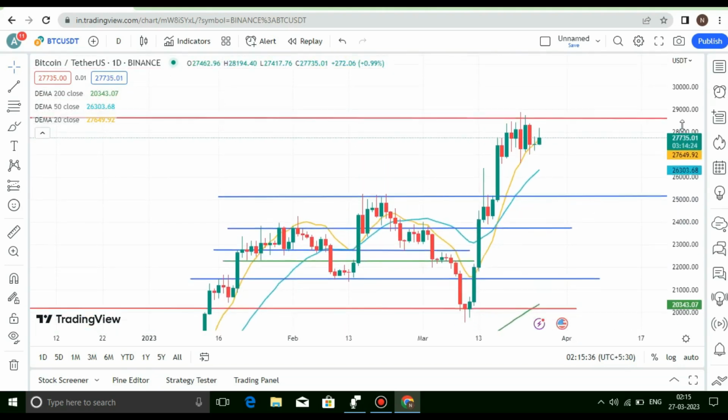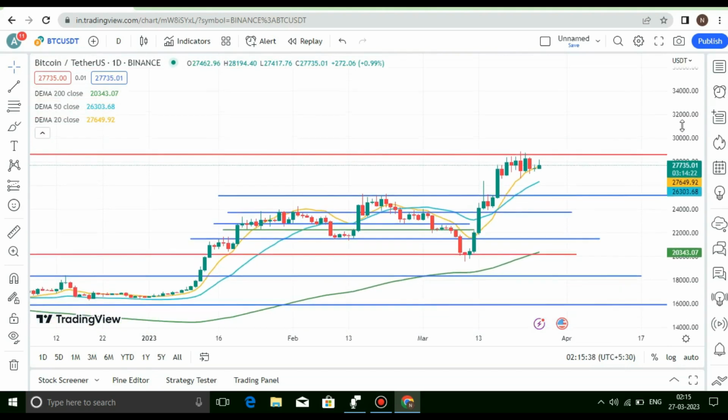So for predicting the price movements of Bitcoin, we should be looking at the double exponential moving average of 50-day and 20-day. So here we have it, the 50-day, and the fast, more sensitive one, the double EMA of 20-day. The yellow one has crossed the exponential moving average of 50-day.